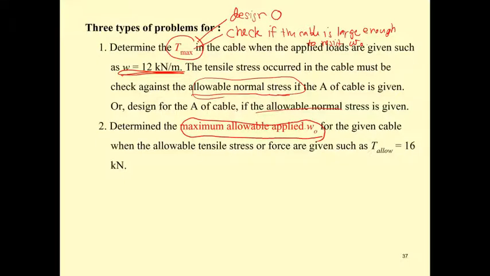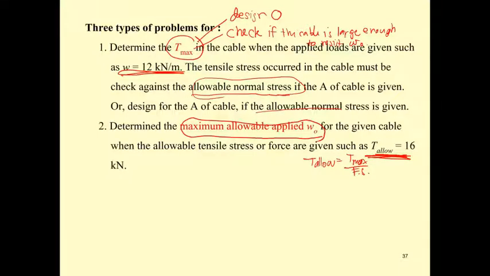And the second one is to determine the allowable maximum force that can be applied to the cable. In this type, they are going to give you the T allow, that is the maximum allowable stress. Usually, the T allow is going to be the T max of the cable times the factor of safety.